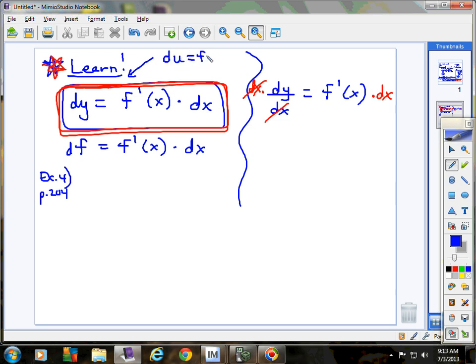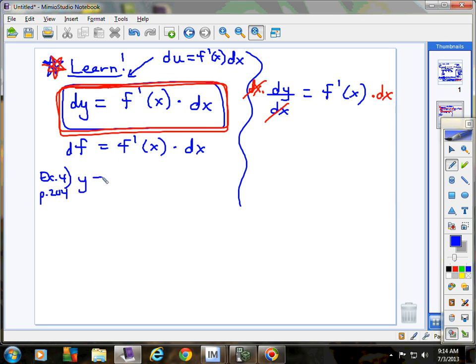Du equals f prime of x dx, just like dy is f prime of x dx. We're just going to have a different letter. So we're going to be doing that probably every day in Calculus 2, which is why that formula is one you've got to know.